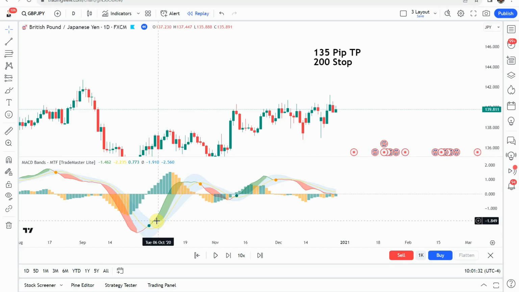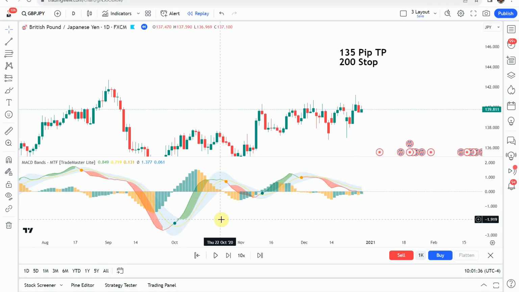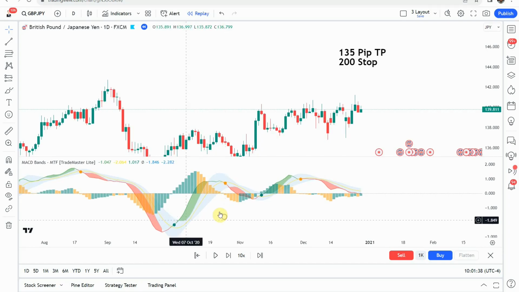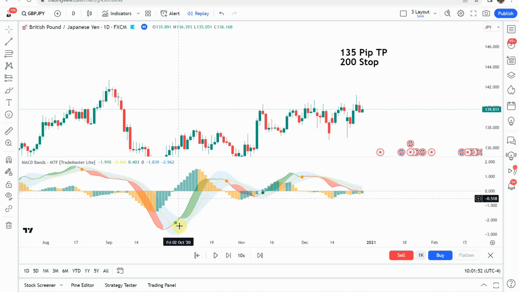I guess I should say. And so what we're looking for is going to be a classic MACD setup. Anytime the lines are below the 0 mark, the middle line right down the middle here, we are looking for only long trades. That's going to be signaled when we get a green dot like this and the green coloration bar there.